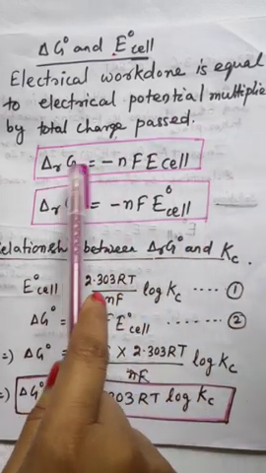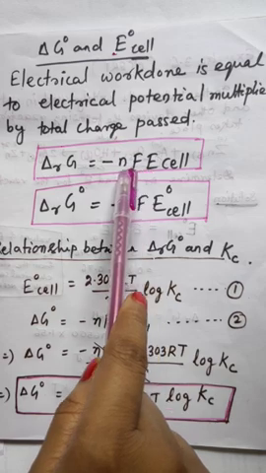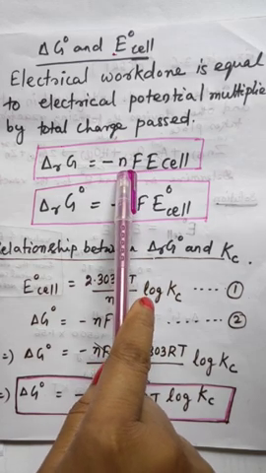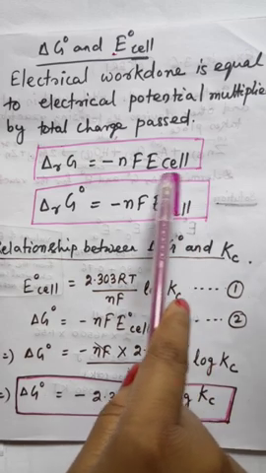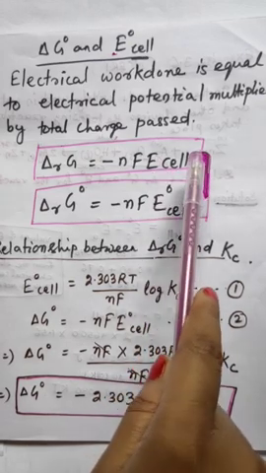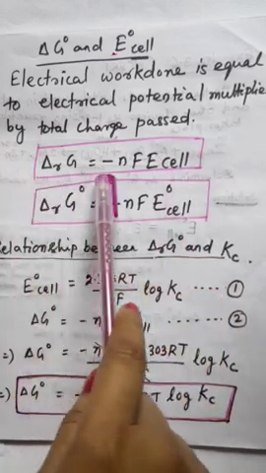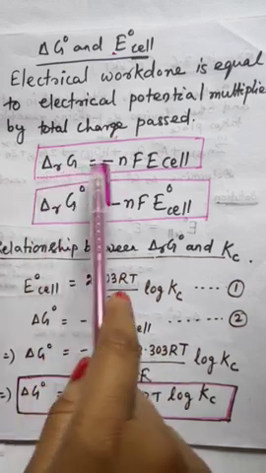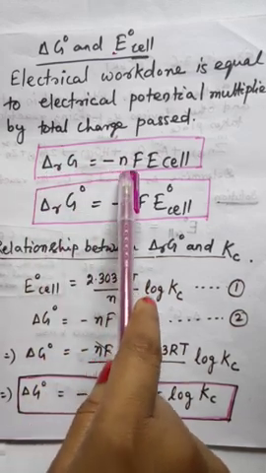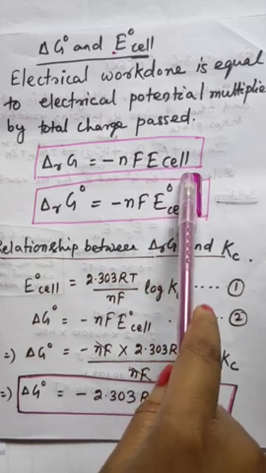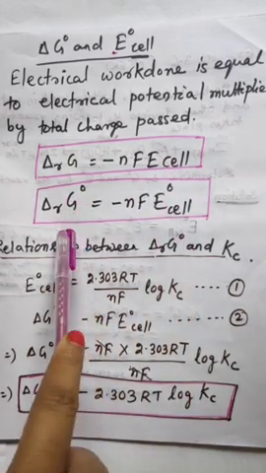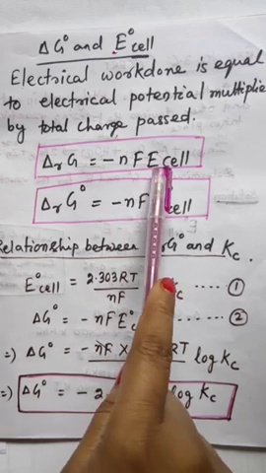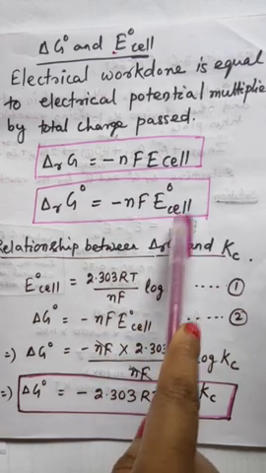So Gibbs energy is equal to NF, which is the total charge, times the cell potential of the electrochemical cell. So delta rG is equal to minus NF E cell, or if we calculate the standard Gibbs free energy, then instead of the cell potential, the standard cell potential is put in.